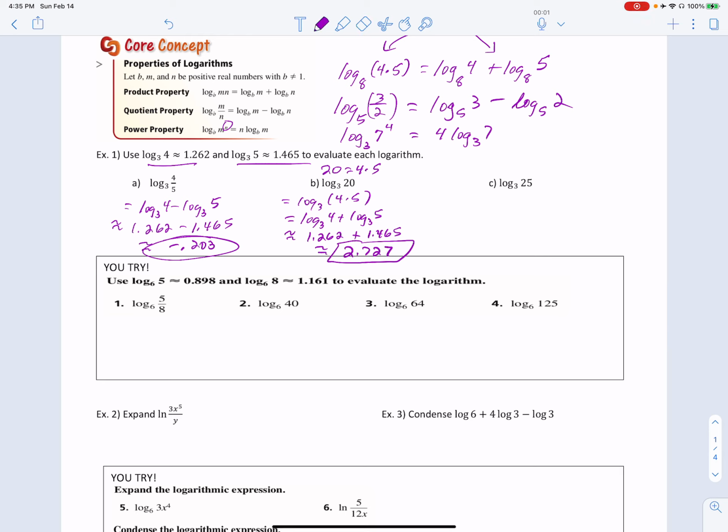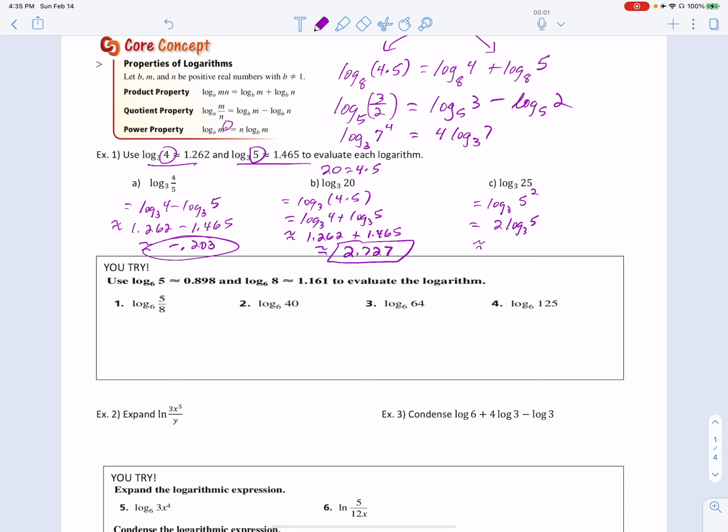Then in part C, log base 3 of 25, we have 4 and we have 5, and oh wait a minute, 25 is 5 squared, so I can write this as log base 3 of 5 squared. Then I can apply the power property that says if I bring that exponent out in front, I have 2 times log base 3 of 5.